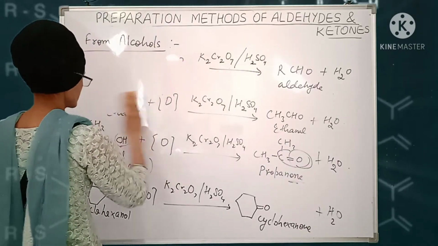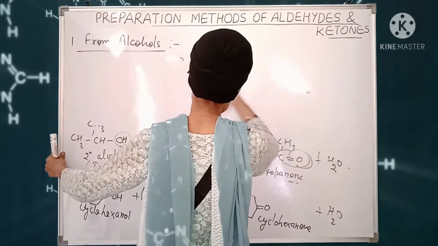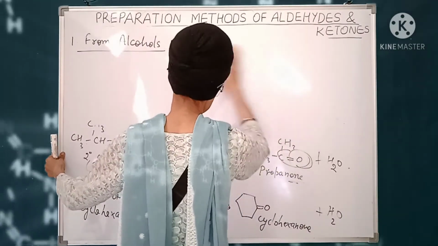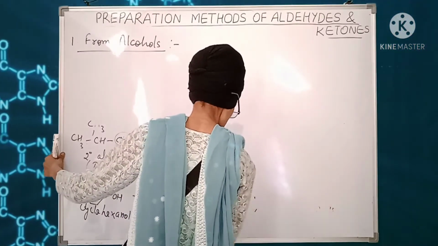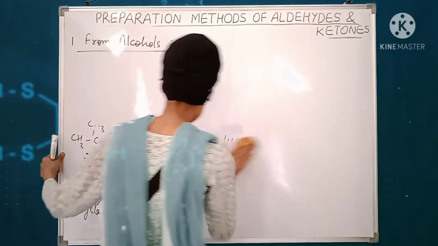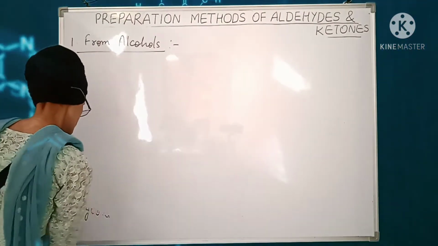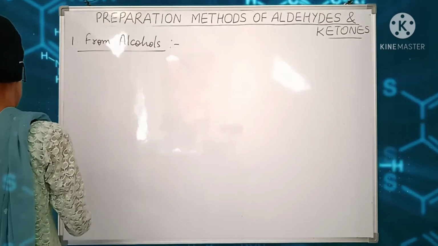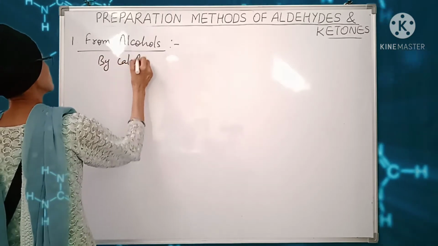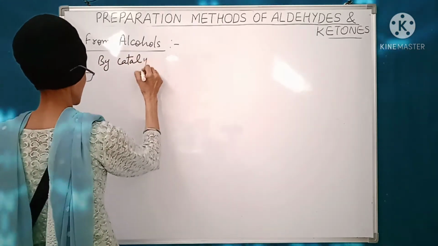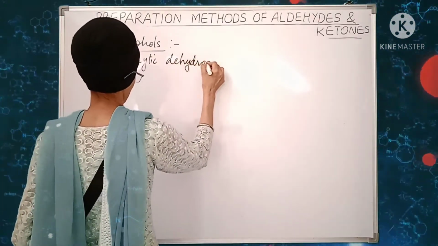Now the second sub method from alcohols is catalytic dehydrogenation, which means hydrogen is taken out from the alcohol and it changes to aldehyde or ketone. First was oxidation, the second is catalytic dehydrogenation of alcohols.